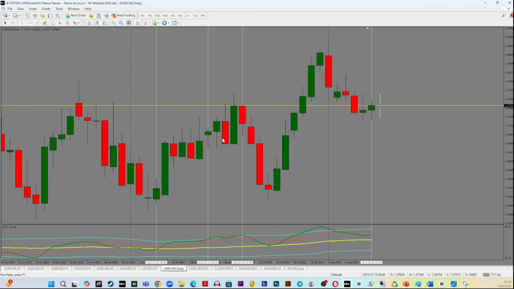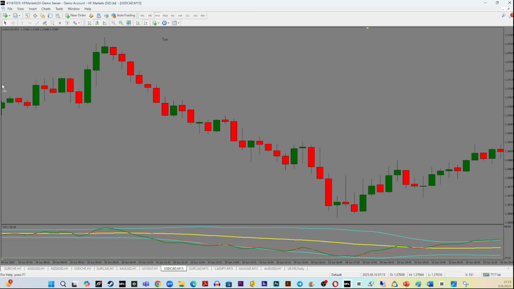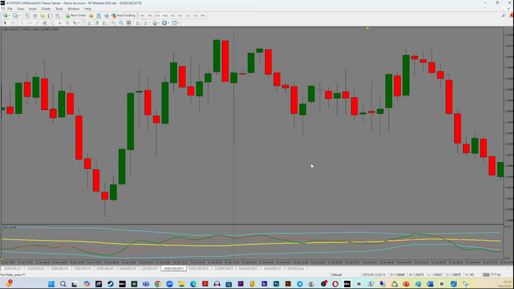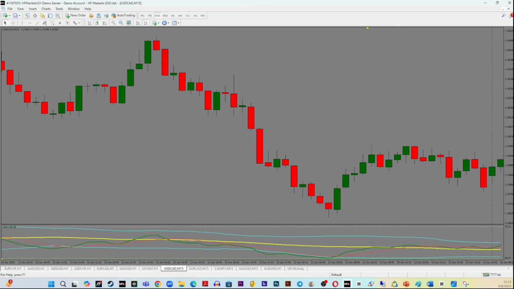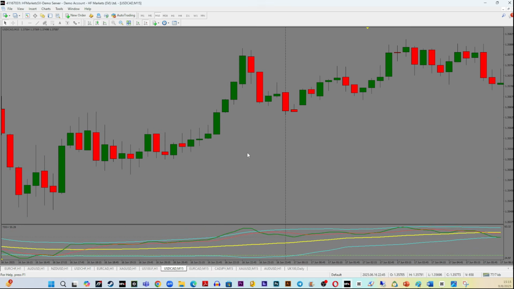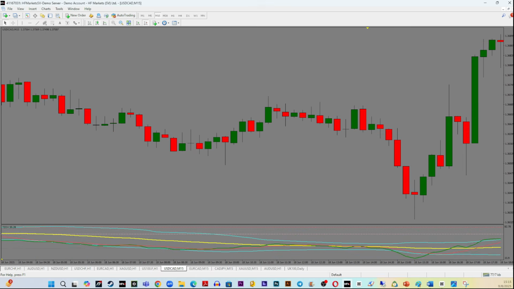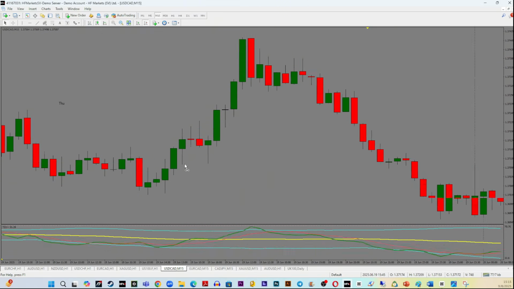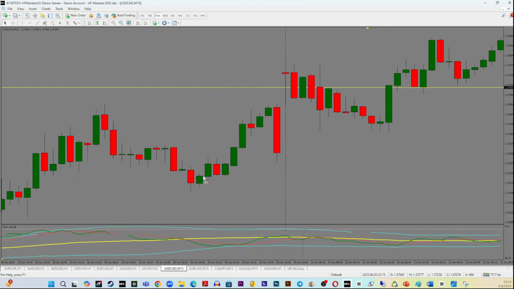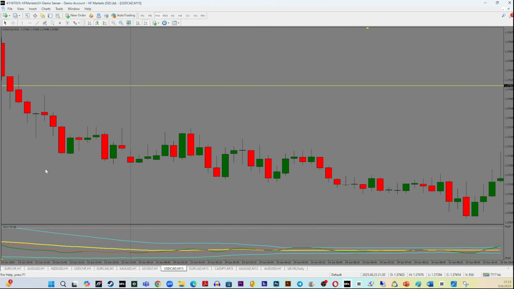So the next thing is now to go on the M15 time frame so that we can see what transpired and which direction we were going to take. We must give maximum attention to the stop hand side. If the stop hand is on the upper side, we have to sell.